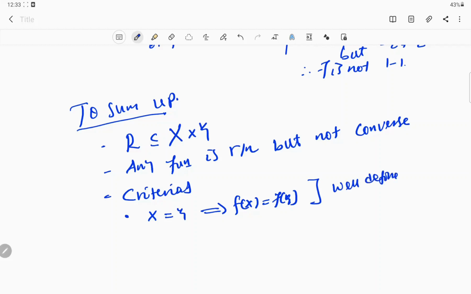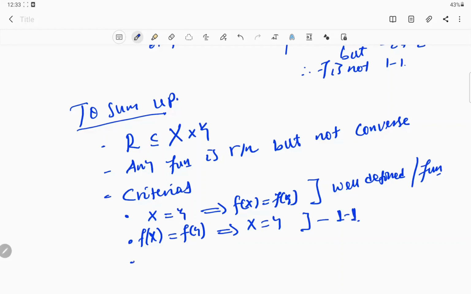If the relation is a function, and you have f(x) equals f(y) implies x equals y, then this is a criteria for one-to-oneness.